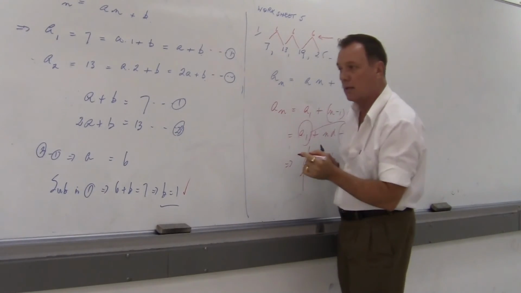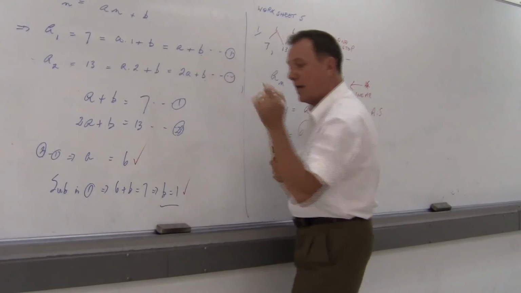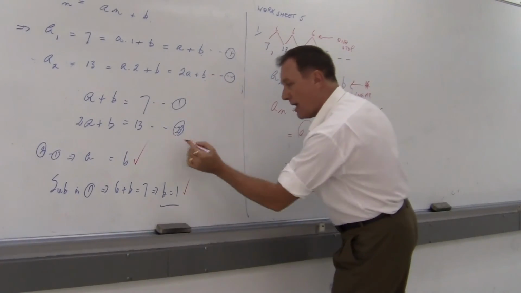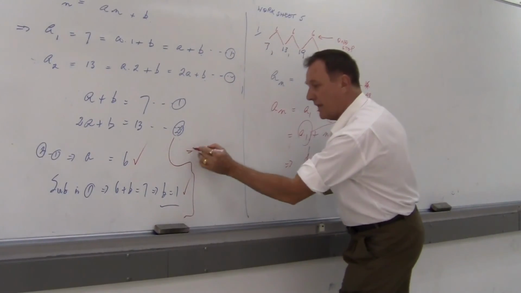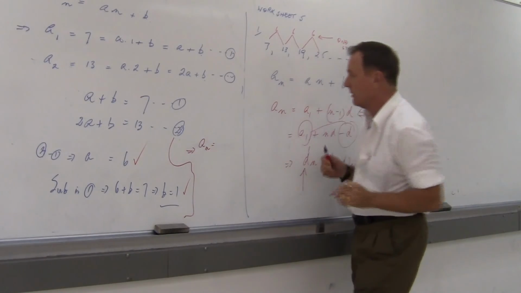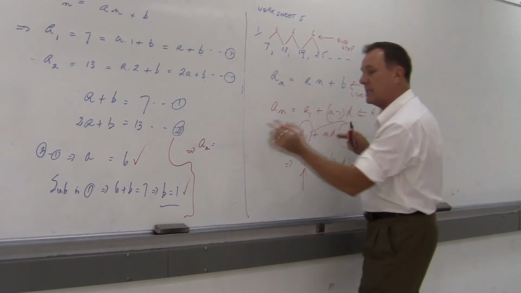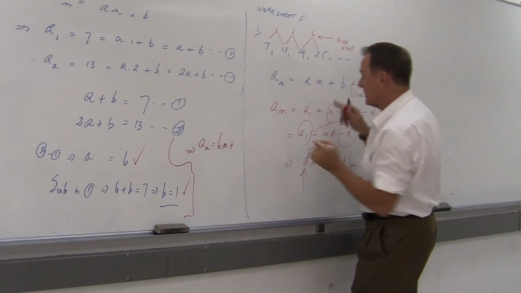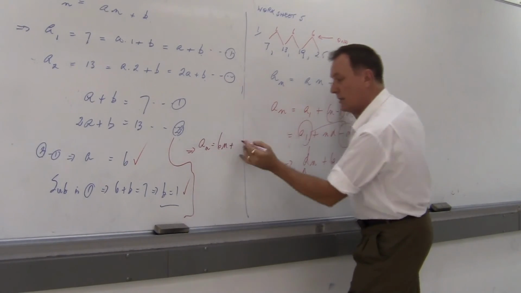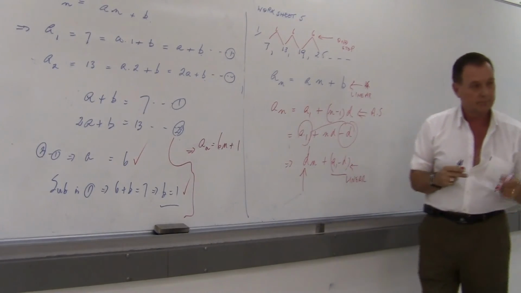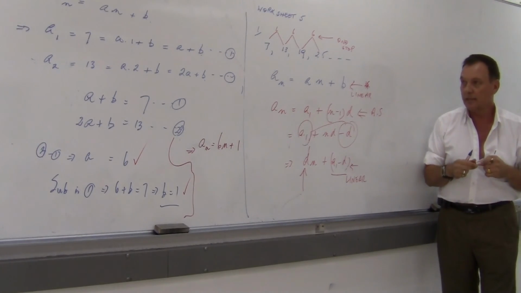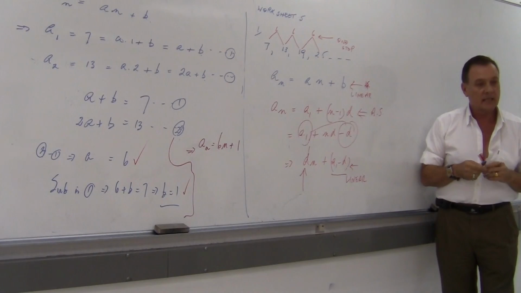We've got b equals 1, and here we've got a equals 6. So the crunch of it, the nth term must be what? Alright, here a is 6, so it's going to be 6n plus b. And what's b? b is 1. That's it. That's the nth term.